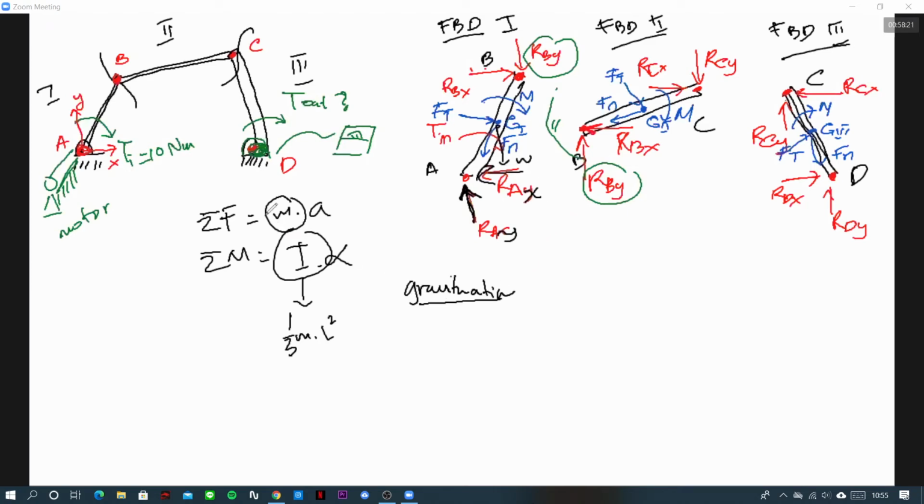The mass of each link will be mentioned in the questions, but what I will probably not mention is the gravity, unless I say let's assume the gravitational effect is too small so it can be neglected. All right, ma'am, thank you. You're welcome. Are there any other questions?